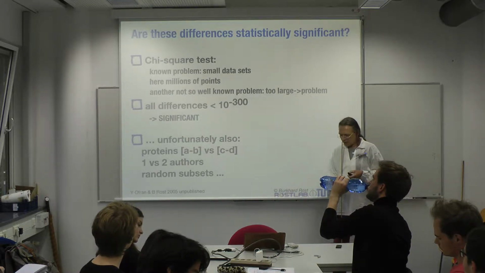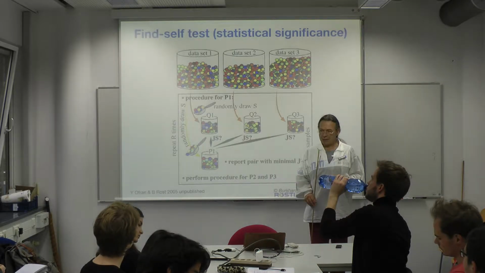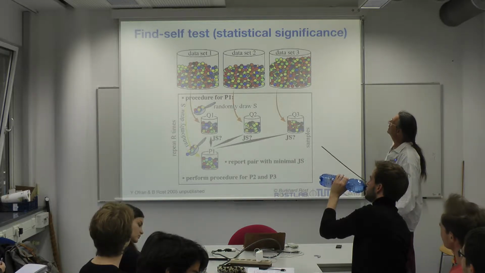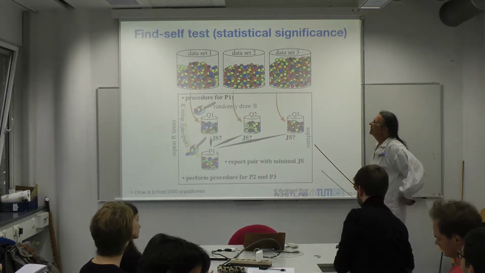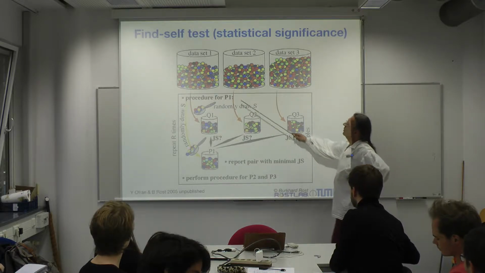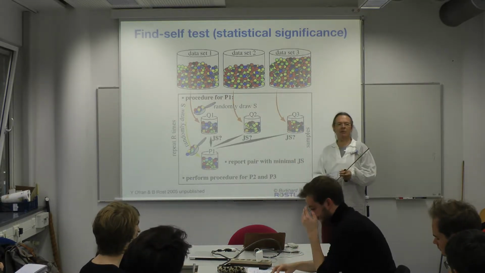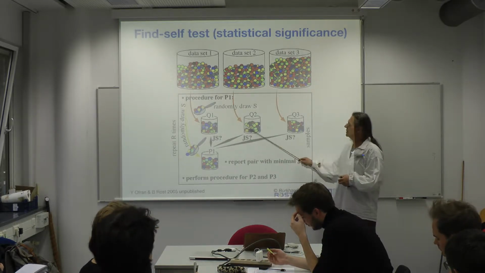Now, this is the point at which we came up with another idea. We call it a self test, to do something like statistical significance. So we have 3 data sets. We pick out, say, 1,000 samples from each data set and put them into these pots here.